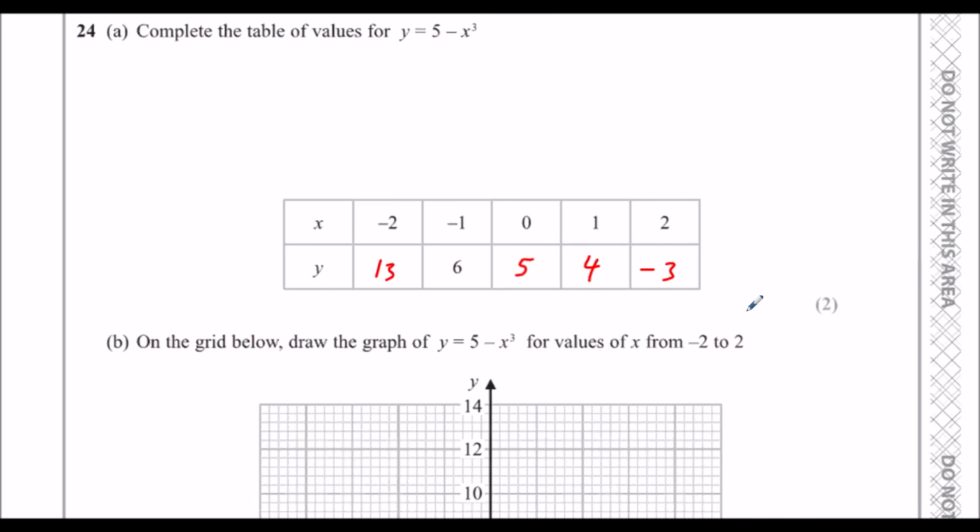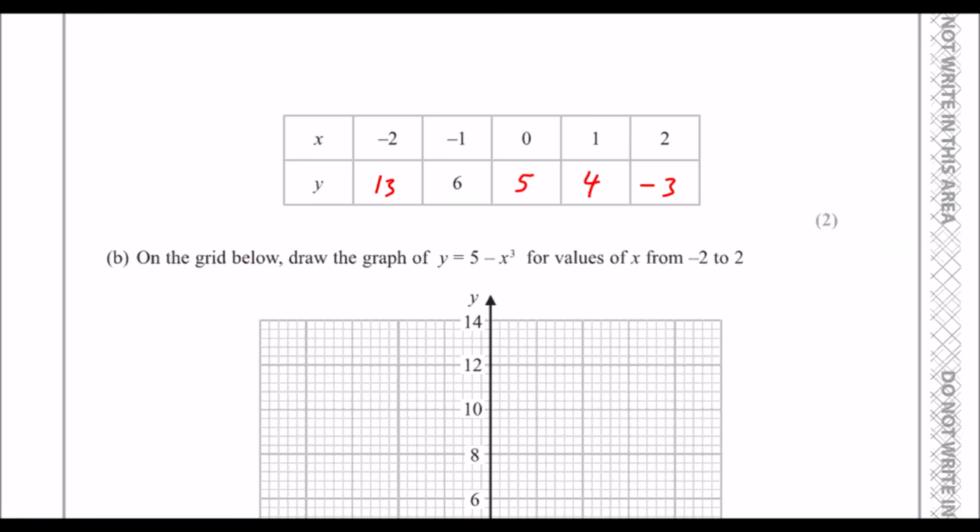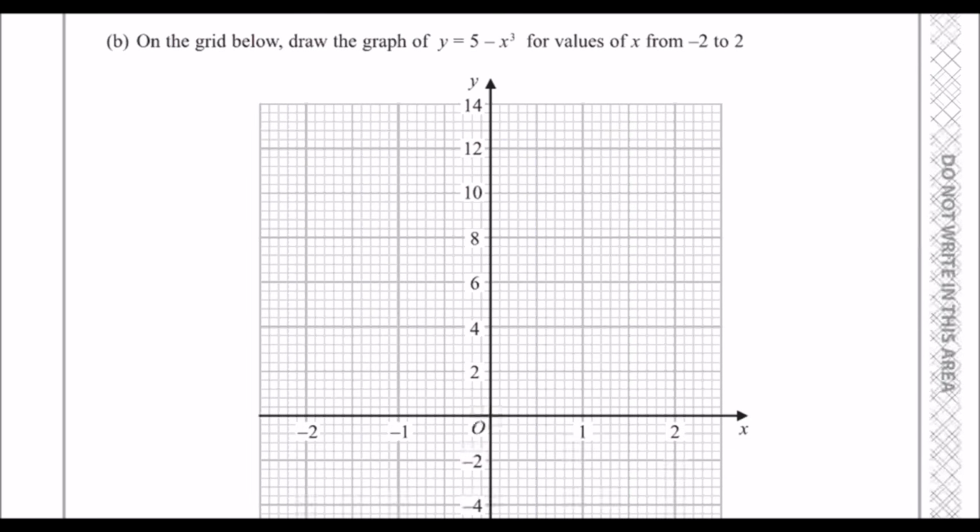So let's draw these on the graph. So on the grid below, draw the graph of y equals 5 minus x cubed for values of x from -2 to 2. So we've got -2, 13.